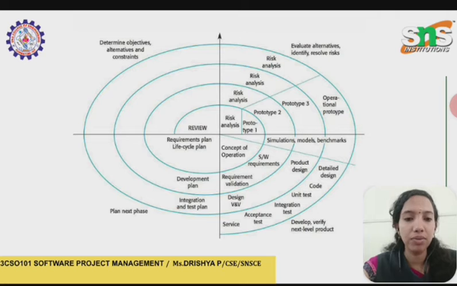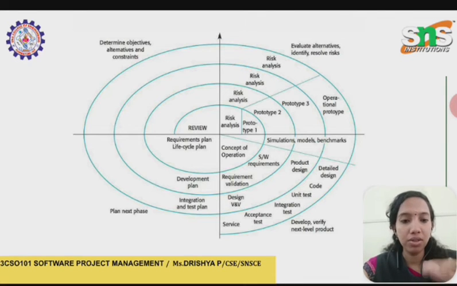Every area is checked for maintenance, to find out the risks or errors. Then the development plan, then the next level is the product and operational prototype 1, 2, 3 in different stages of the spiral model. The prototype is verified by the customer.